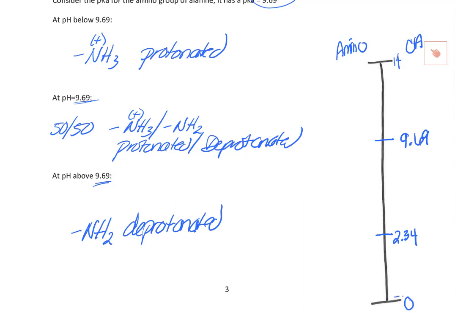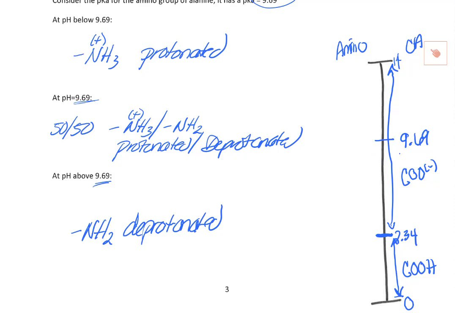So between 0 and 2.34, you're going to have this be protonated. Between 2.34 and up to here, your carboxylic acid is going to be deprotonated. Right at 2.34, it's going to be half and half.